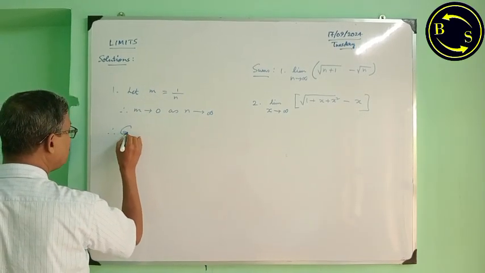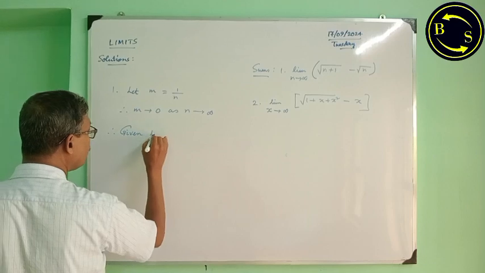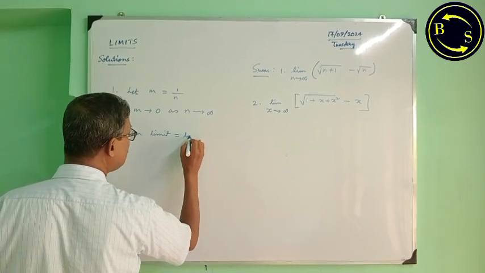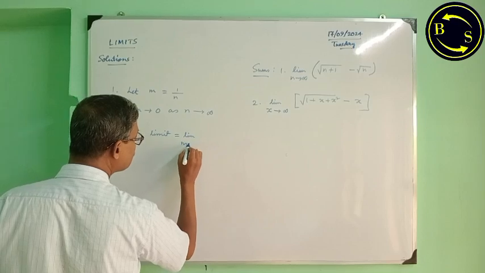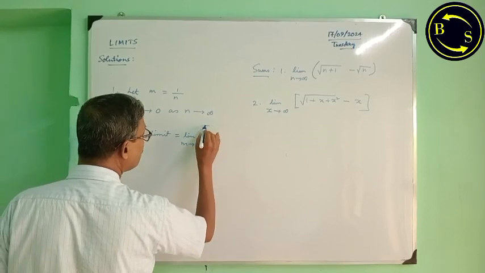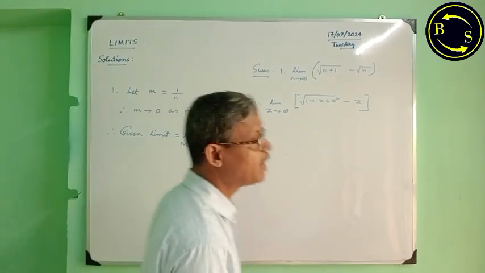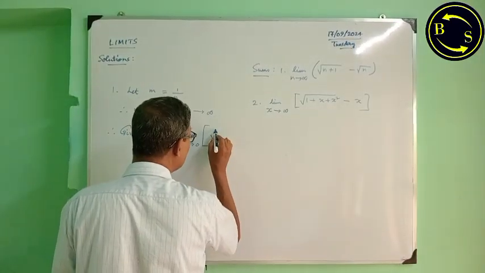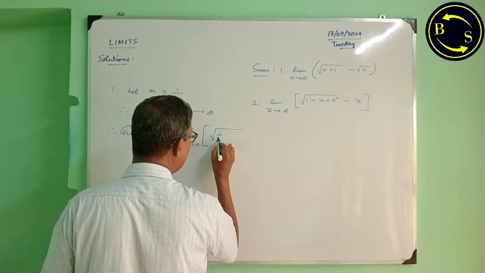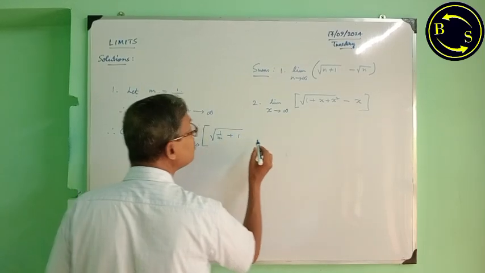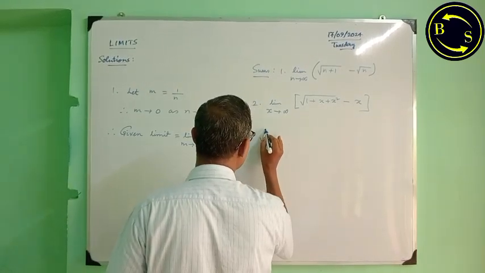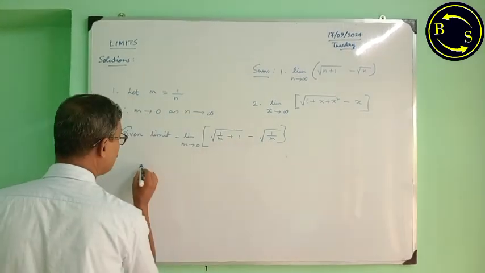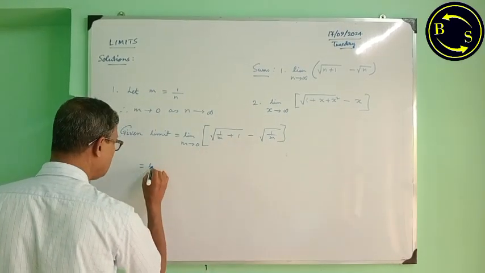Therefore, the given limit is equal to limit m tends to 0. Now we have to replace n by 1 by m, then root over 1 by m plus 1 minus root over 1 by m. Now we simplify.